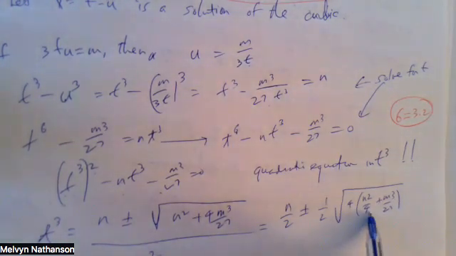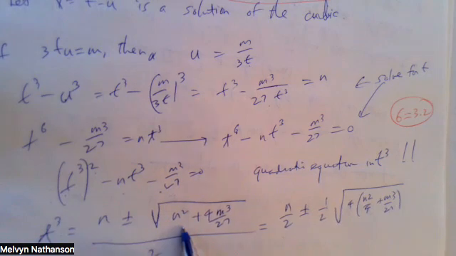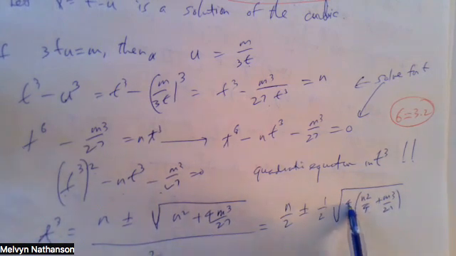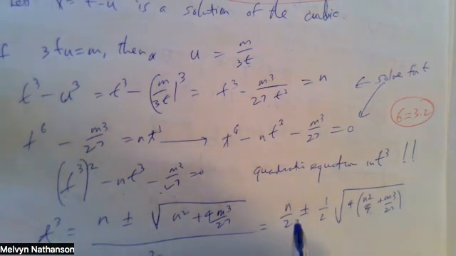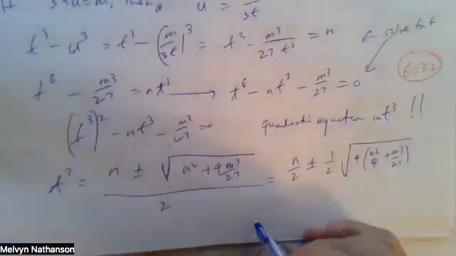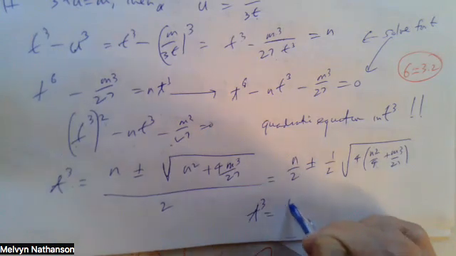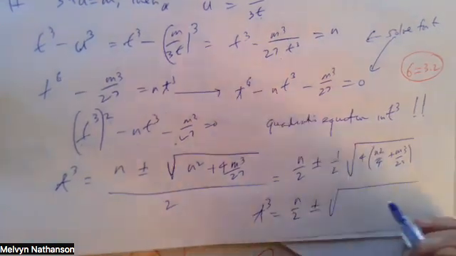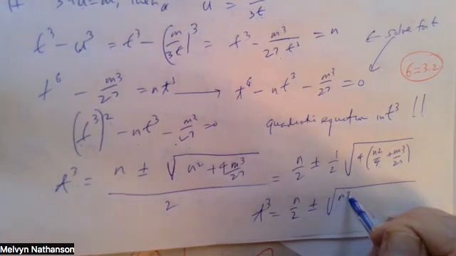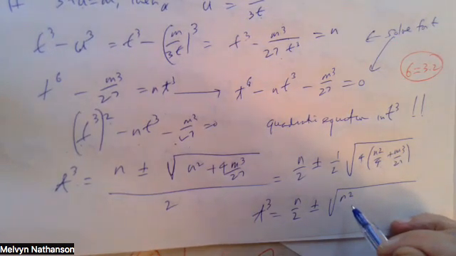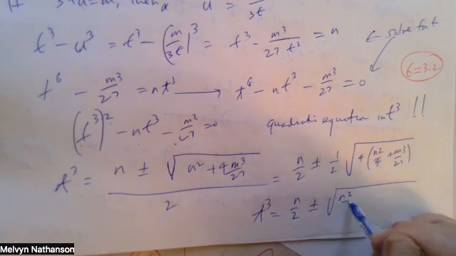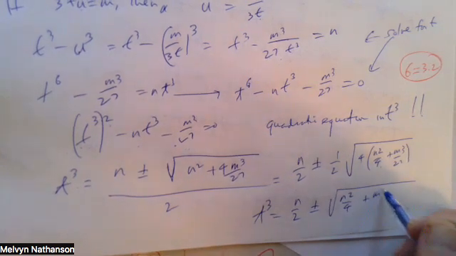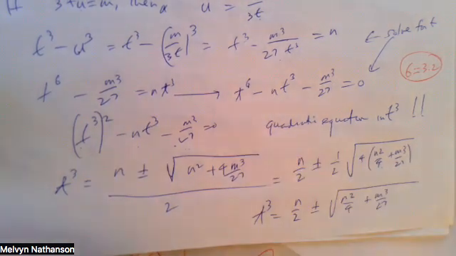Of course, the square root of 4 is 2, so I can take this out and it cancels the 1/2. So what I get is t cubed is n over 2 plus or minus the square root of n squared over 4 plus m cubed over 27.